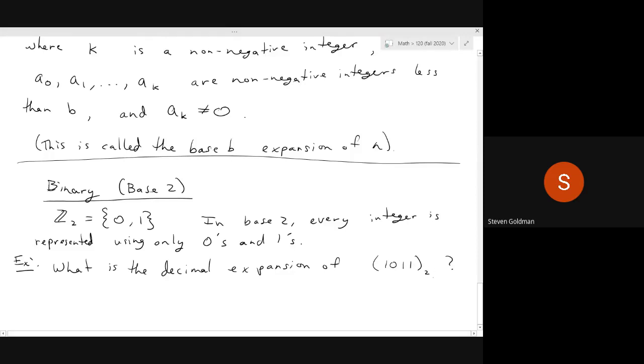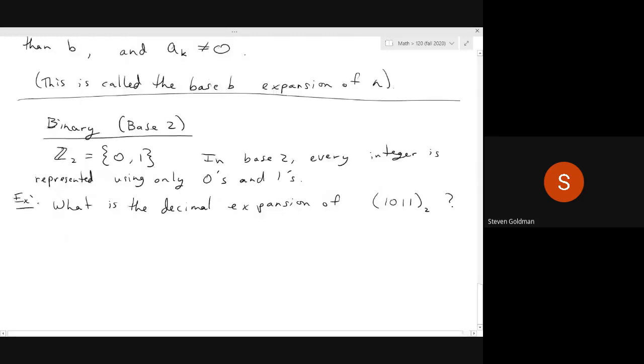That subscript of 2 tells me this number is a binary number, base 2. We do that sometimes just to let you know what the base is. So I've given you a number in binary, 1011, and the question is asking, what is the decimal expansion of this number? In other words, what is this number in decimal, in base 10? In our number system, what is this number?